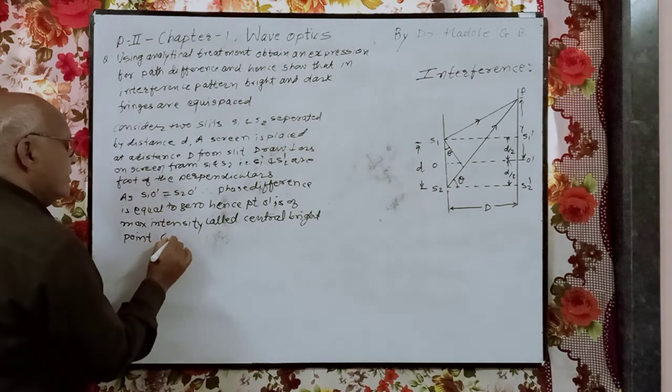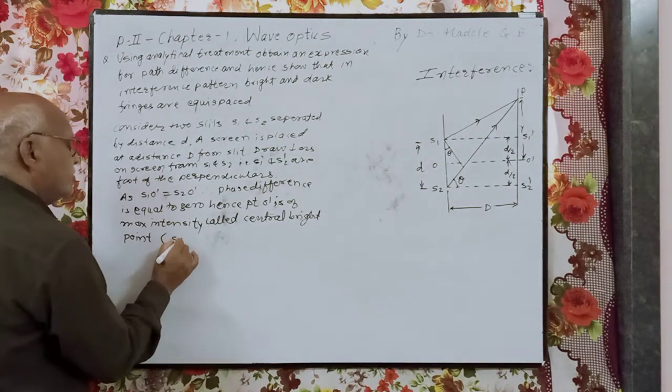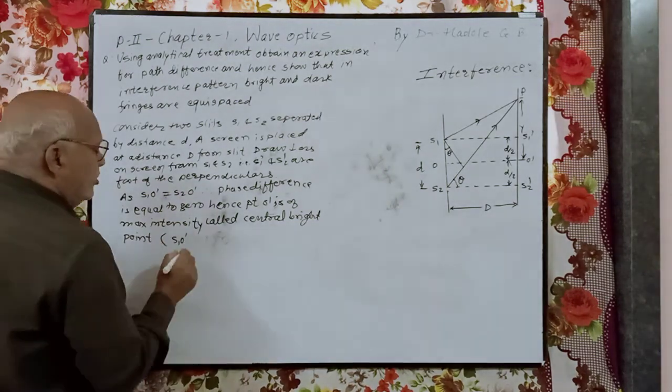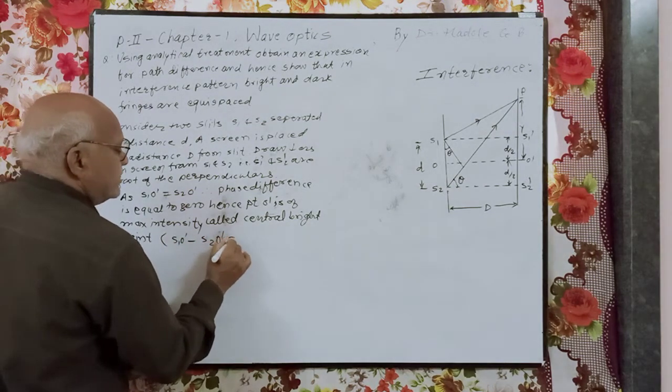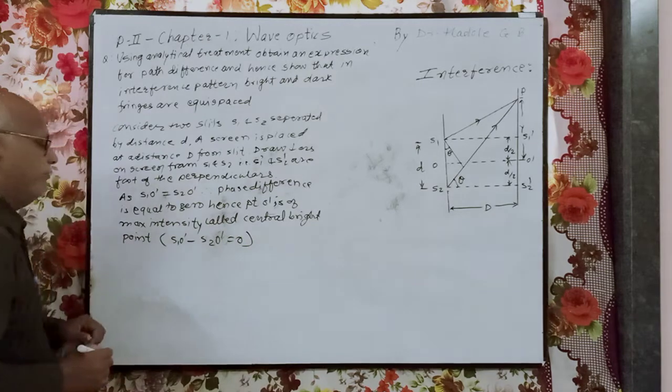That is, S1O dash minus S2O dash is equal to 0.